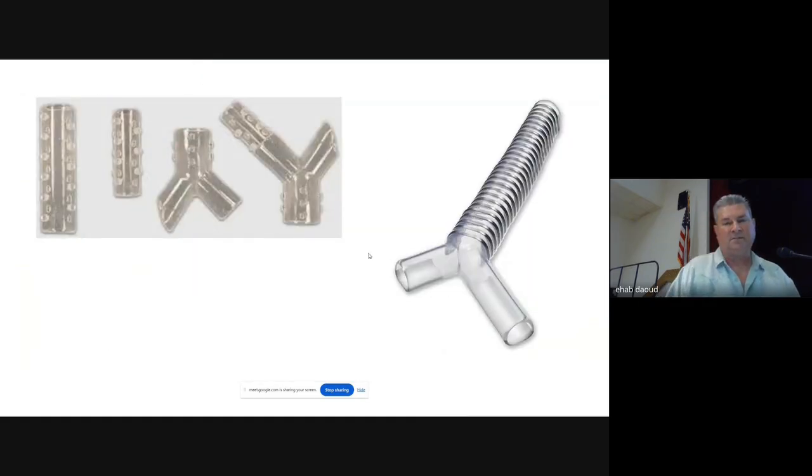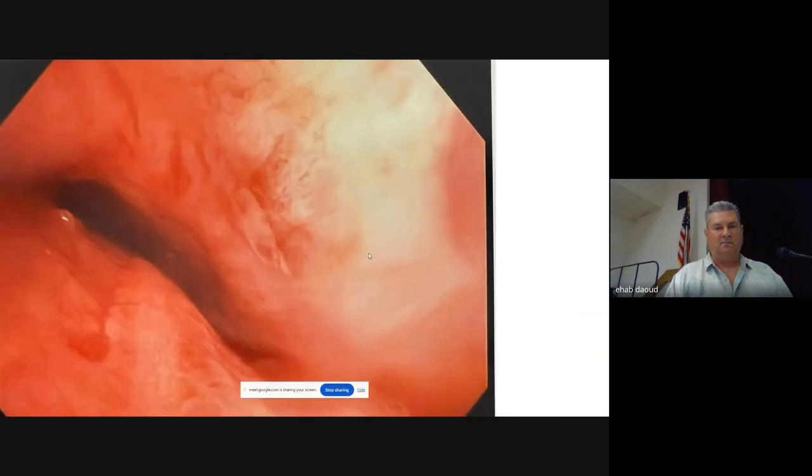These are some examples of silicone stents. This is a patient that was in the ICU, a young man with mantle cell lymphoma. And what we're doing right now is we're at the main carina looking down the left main stem bronchus.